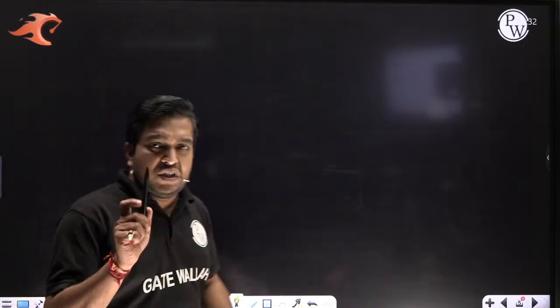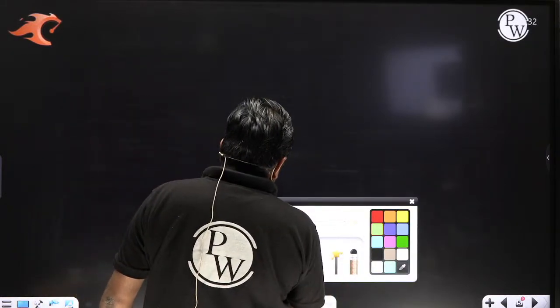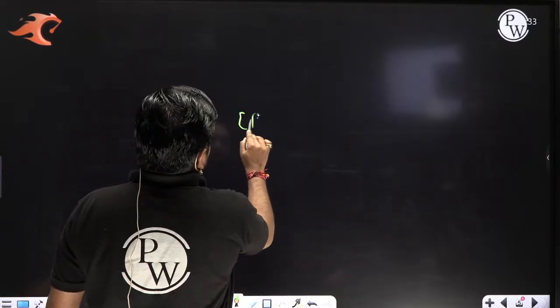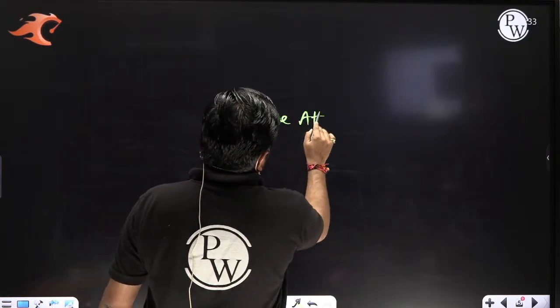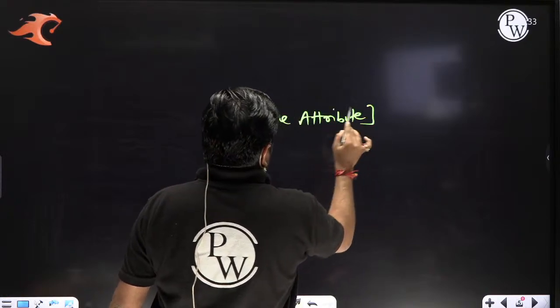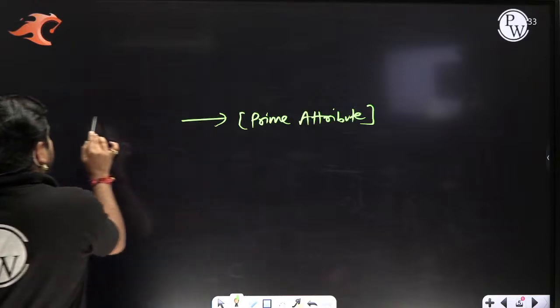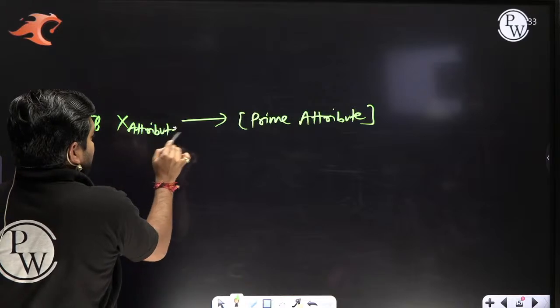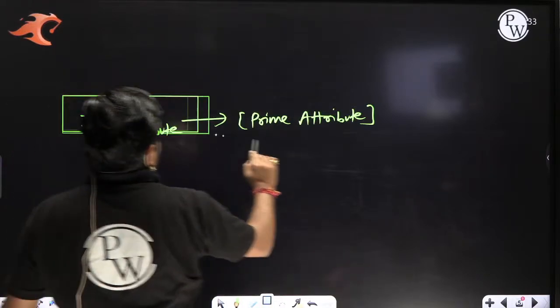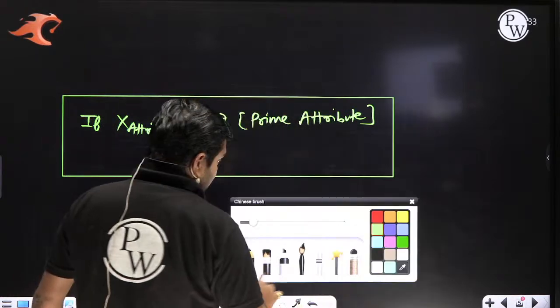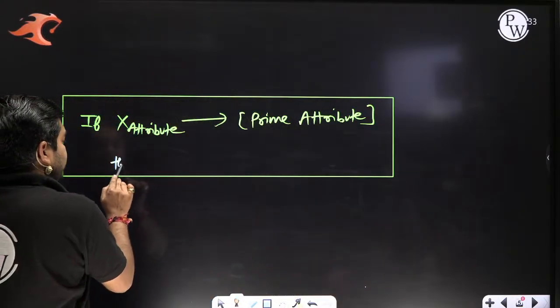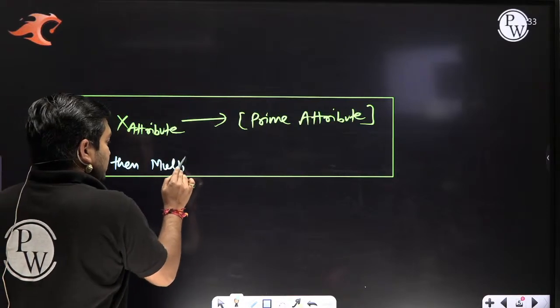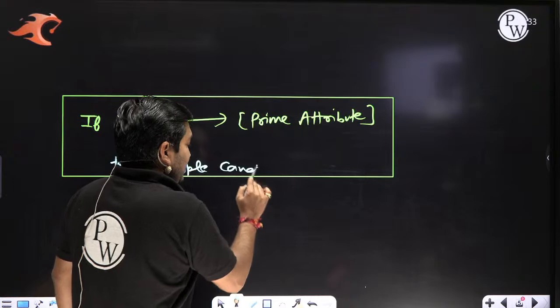I told you, my dear GW soldiers, first find any one candidate key, and those attributes become prime attributes. There are so many rules, but you only focus on this rule, the Brahmastra: if that prime attribute is determined by any X attribute, then multiple candidate keys are there.